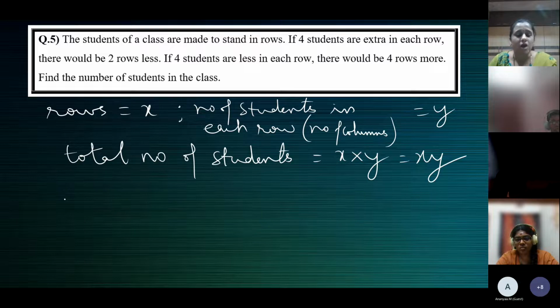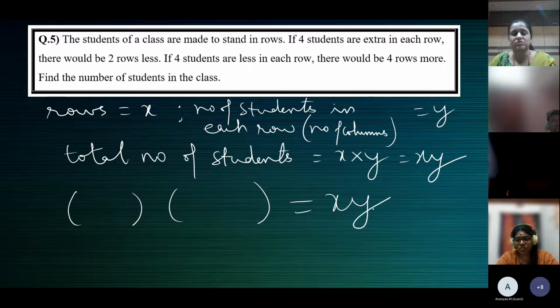So how do you make the equations? Number of rows into number of columns is equal to the total number of students, which is XY. See, the number of students in the class is fixed. You may make them stand in different rows and different columns, but the number of students will not change.